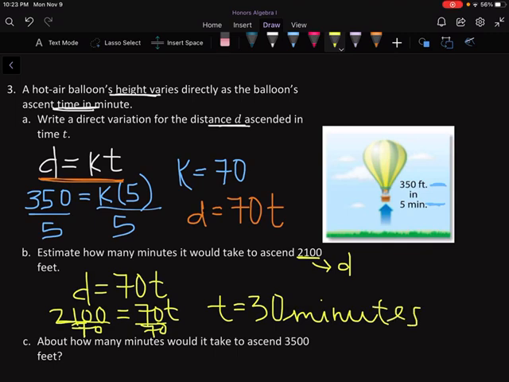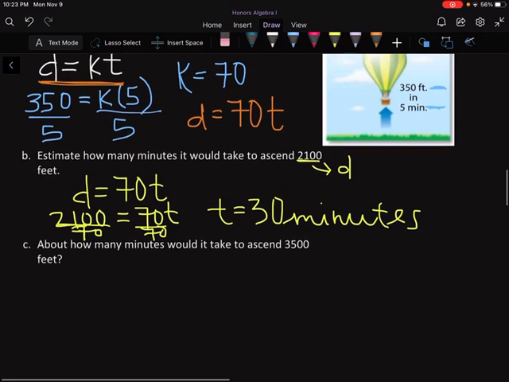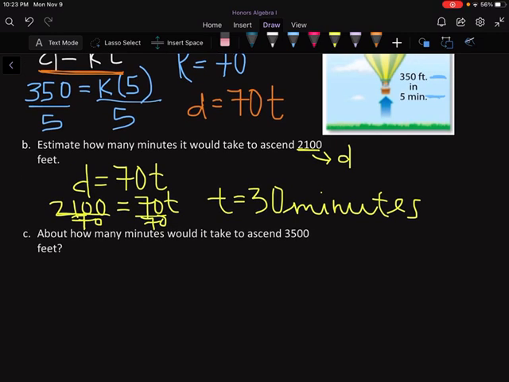Okay? About how many minutes would it take to ascend 3,500? Same idea. I would plug 3,500 into d and solve.